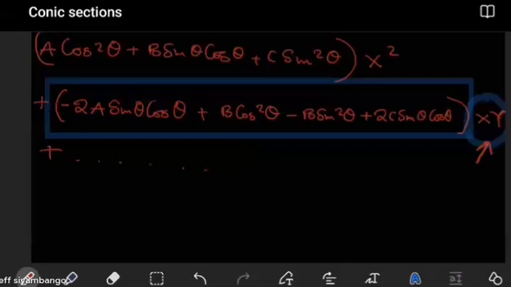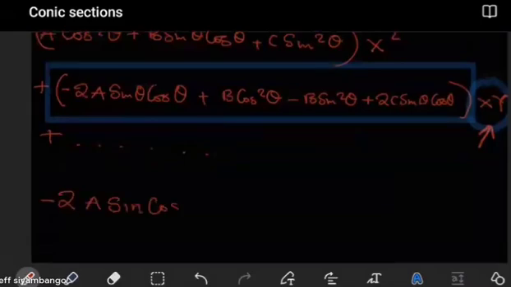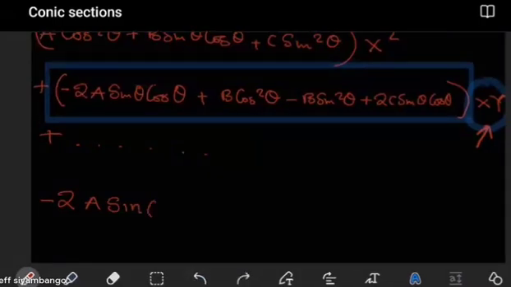This is where the trick lies. Once you observe that trick, all you have to do now is equate this coefficient of the xy to 0, and then simplify what you have, because it's the only way that the cross product disappears from the rotated expression.